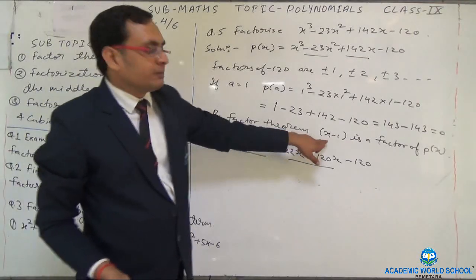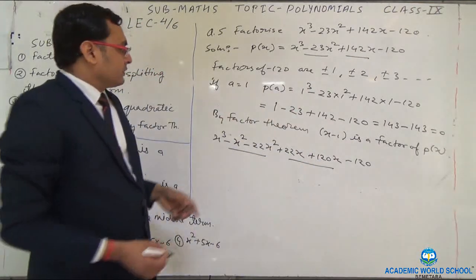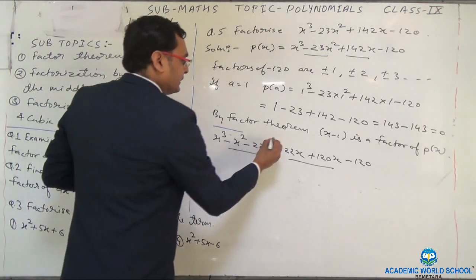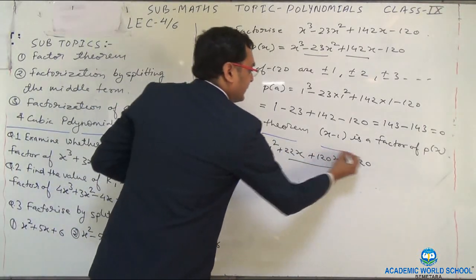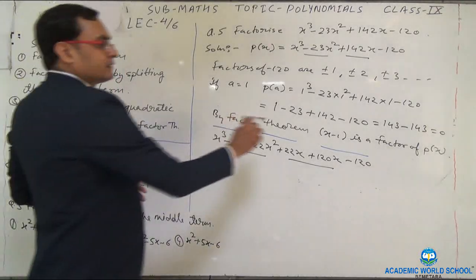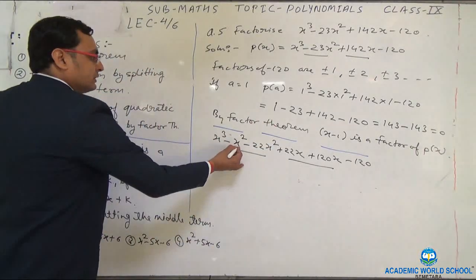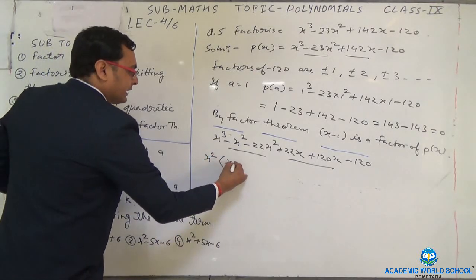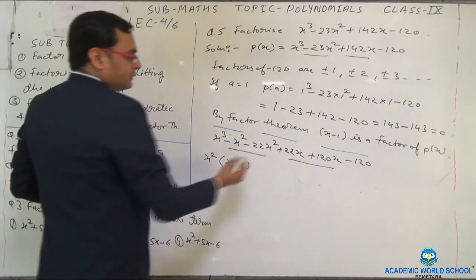As we know, x minus 1 is a factor. So we will make groups here, these two, and these two. From here we will get x minus 1 as a common factor. So x square is taken common, so x minus 1 is left.